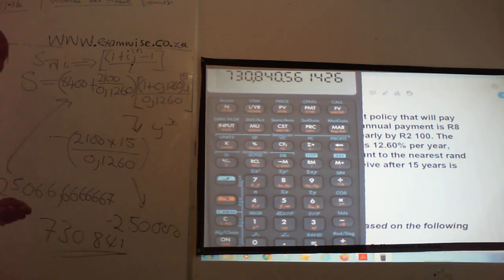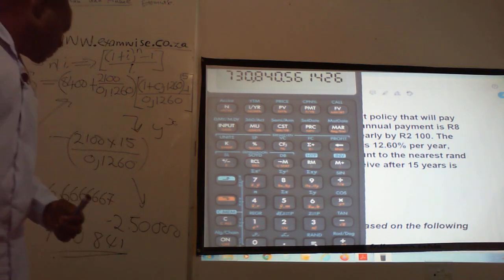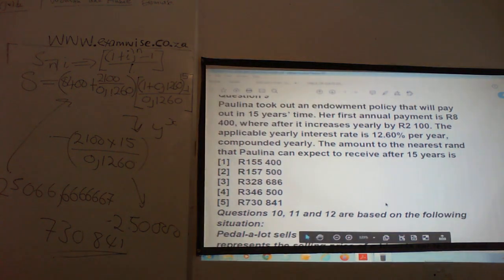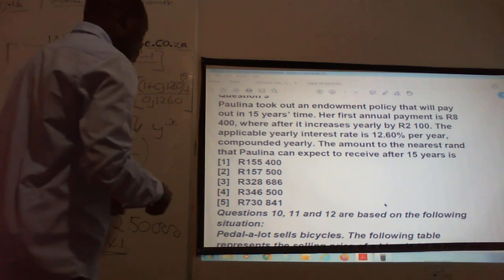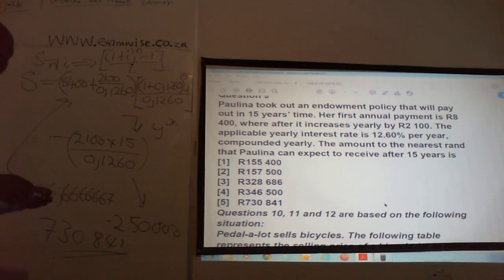So to the nearest rand means to the nearest whole number. So it means the accumulated amount, which will be 730,841. So that is how we do. So our correct option here, it will be option number 5.